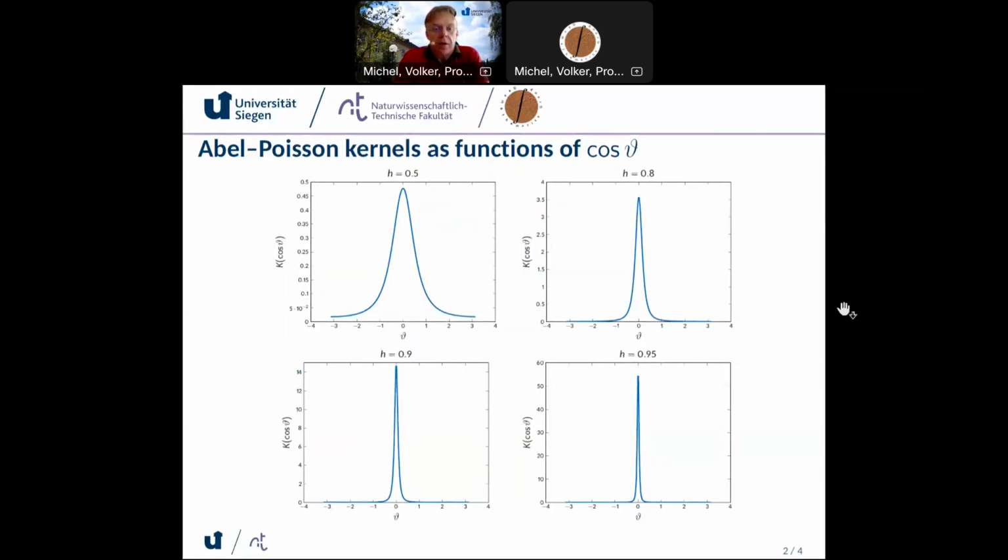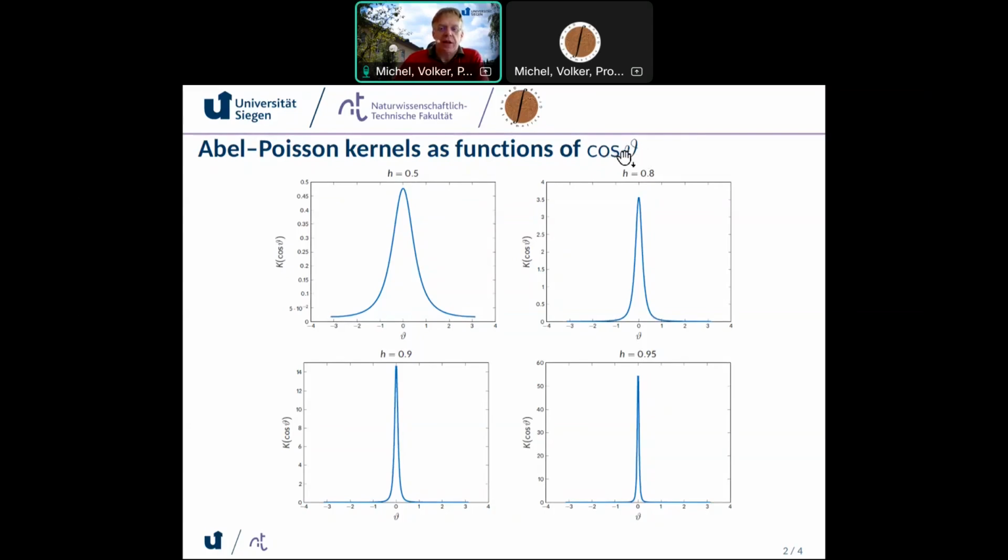And here are some plots of these Abel-Poisson kernels for different choices of h. Now they are not plotted with respect to minus 1 to 1, but they're plotted with respect to the cosine of theta, which is not unusual for representing these functions. So theta is here between minus pi and pi, which means that the cosine of 0 is 1, but the cosine of pi and minus pi is minus 1.